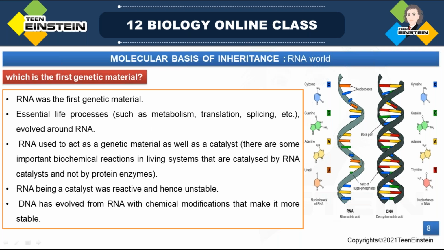Okay. So a catalyst has a reactive nature, since it is participating in that reaction. So what happens in that case? The RNA which is acting as a catalyst is having a reactive nature, so definitely it will become unstable, right?